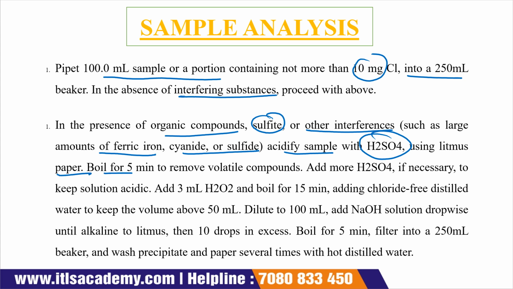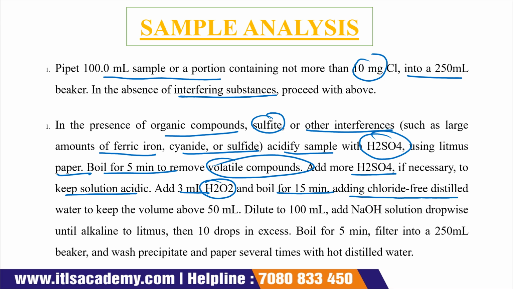Boil it for 5 minutes so that it removes all the volatile compounds. Again add more sulfuric acid if required so that the solution becomes acidic. Now also add 3 ml of H2O2, hydrogen peroxide, and boil it for 15 minutes.